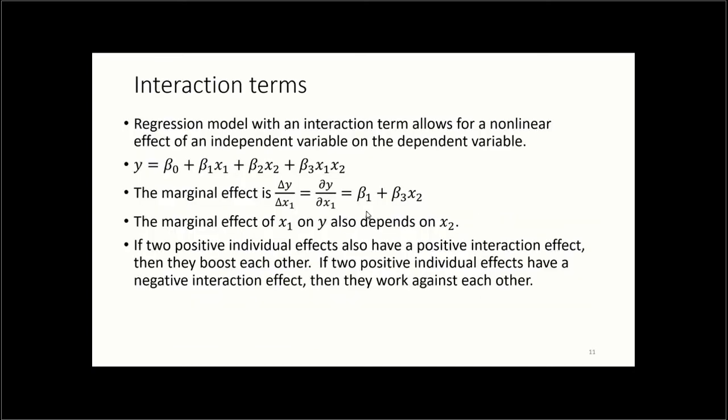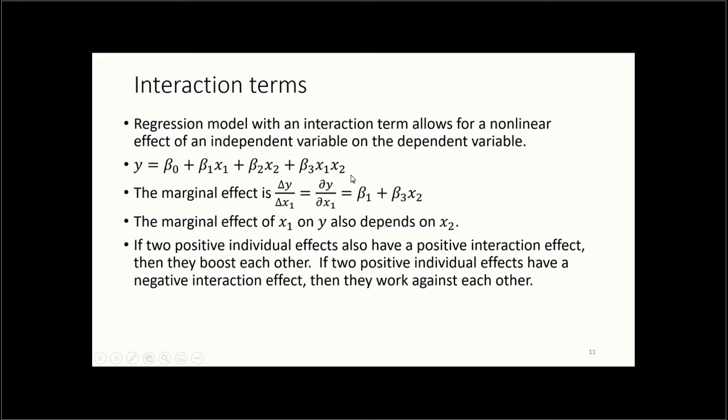Okay, let's talk about interaction terms. So that's another form of nonlinearity. And here, in addition to the independent variables x1 and x2, we're putting in an interaction of x1 times x2. If we take the marginal effect, delta y divided by delta x1, we would have here the coefficient beta 1, and then plus beta 3 times x2.